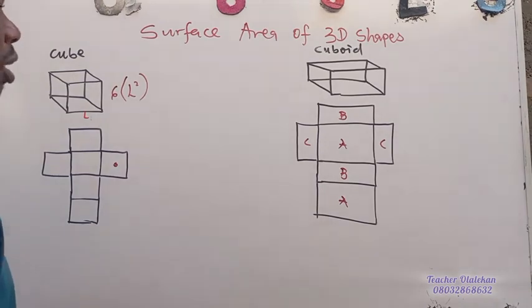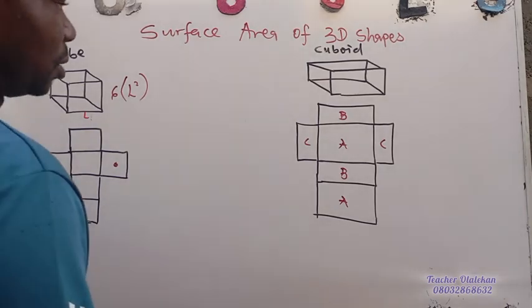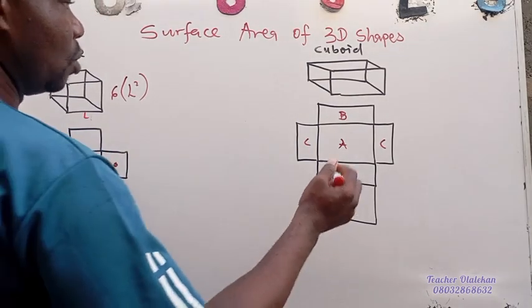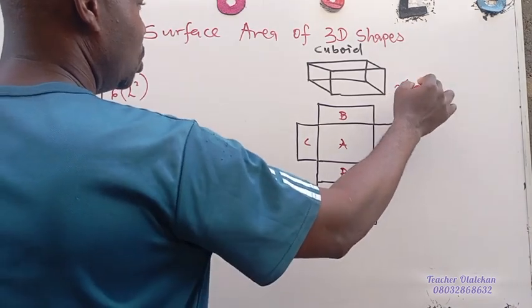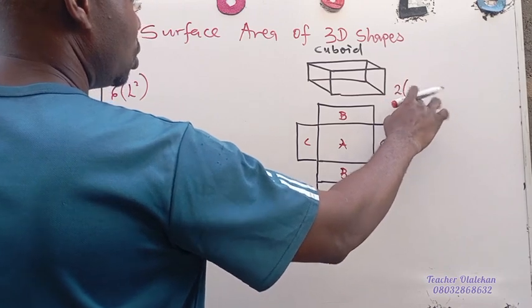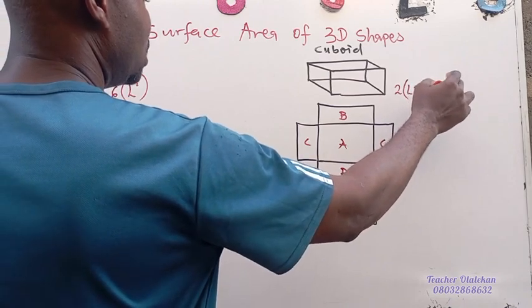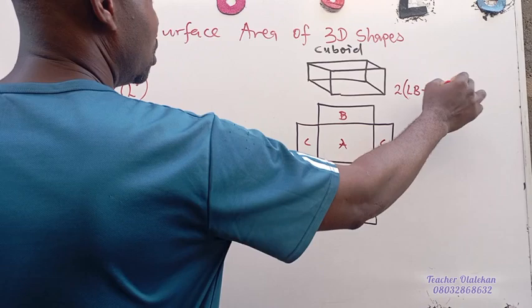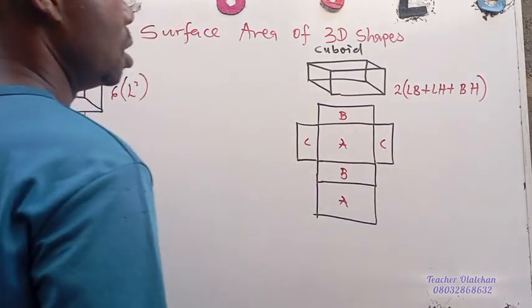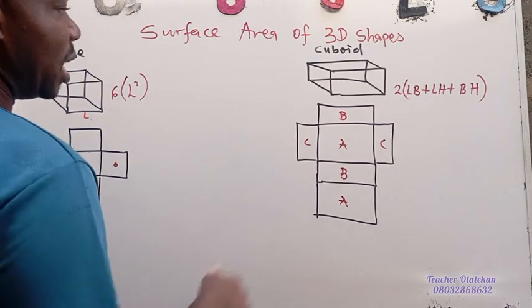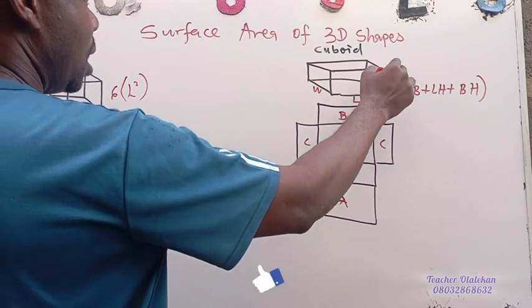And for this cuboid, there are 2 ways you can write your formula. Let's take the first one. It is 2 multiplied by length breadth plus length height plus breadth height. The logic is that, let us assume this is our length, this is our width, and this is our height.